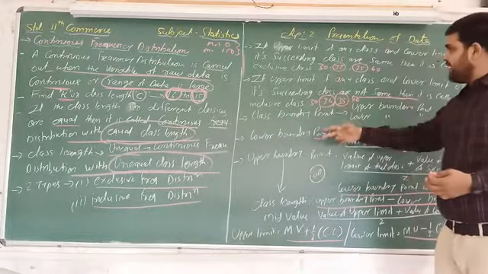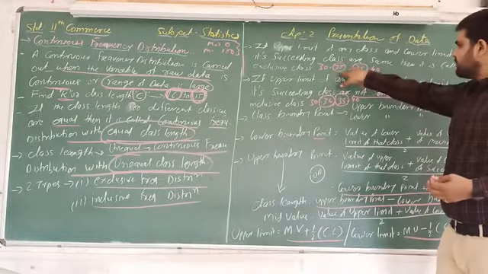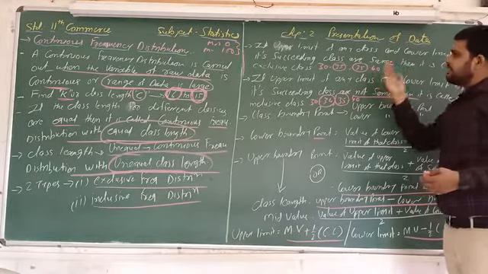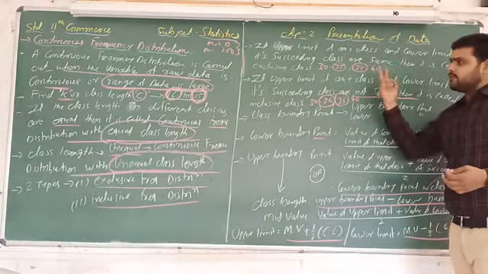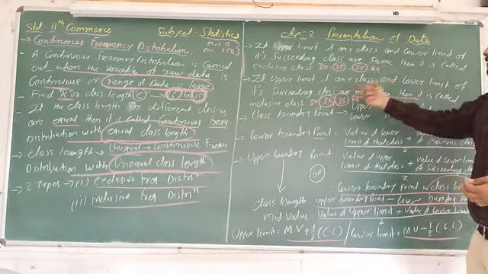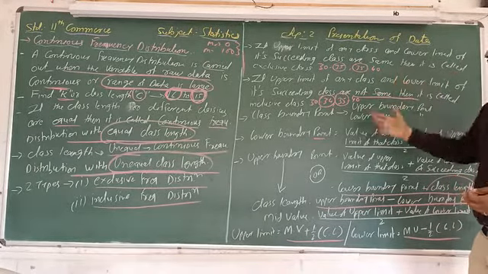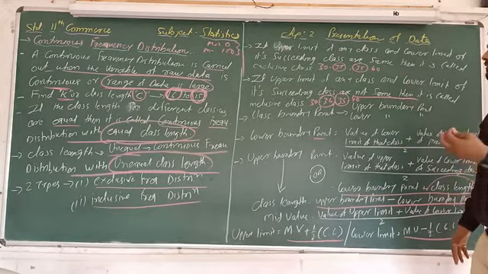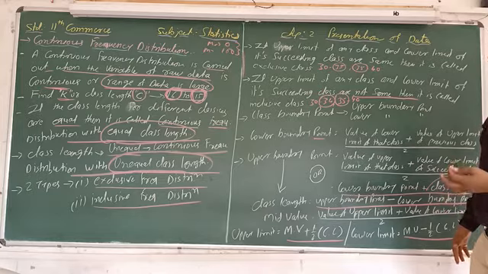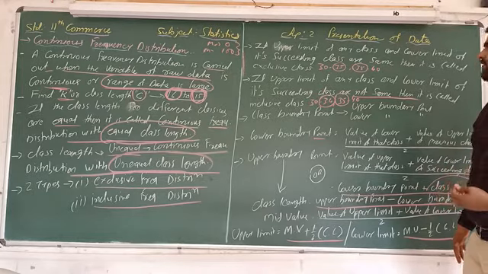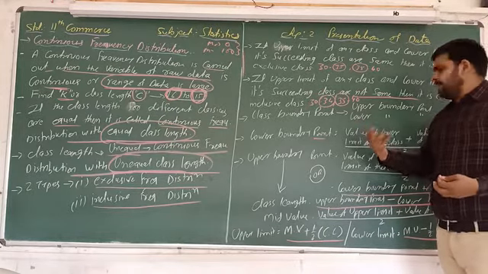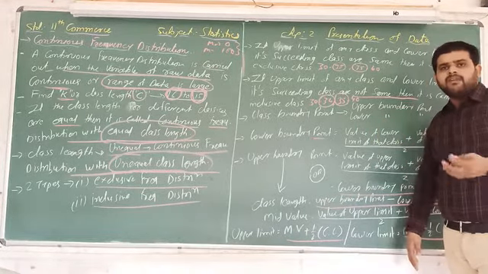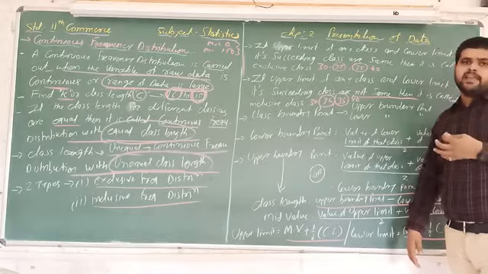If the upper limit of a class and the lower limit of the succeeding class are the same, it is called exclusive; if not the same, it is called inclusive. For that we have to find the upper boundary point and lower boundary point, with some formulas regarding upper boundary, lower boundary, class length as well as mid value.